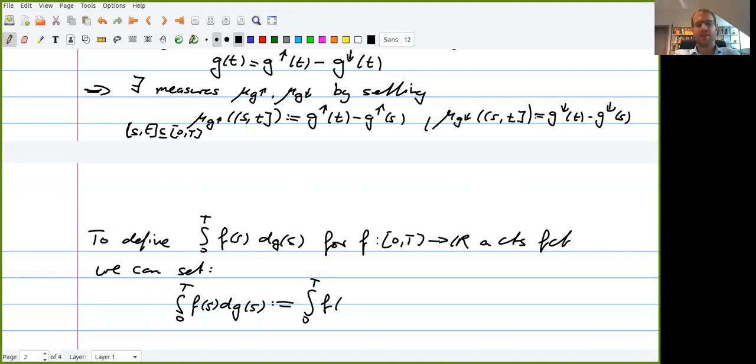If you want to define the integral of f against g, we define the integral of f against the measure associated to the g upwards movement. And then we take minus the integral of f against the downwards movement. This is the well-defined Riemann-Stieltjes integral, or Lebesgue-Stieltjes, whatever integration theory you like.